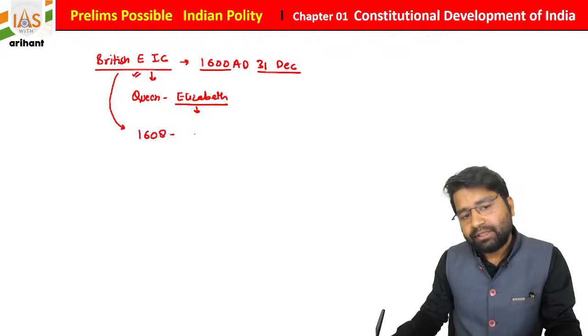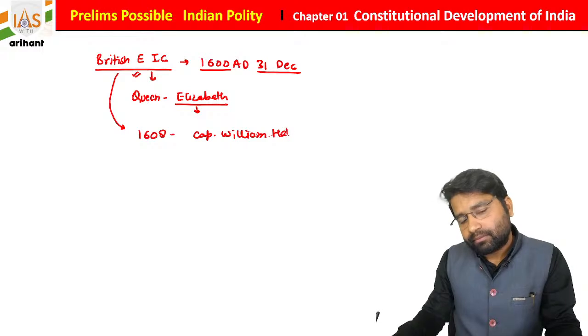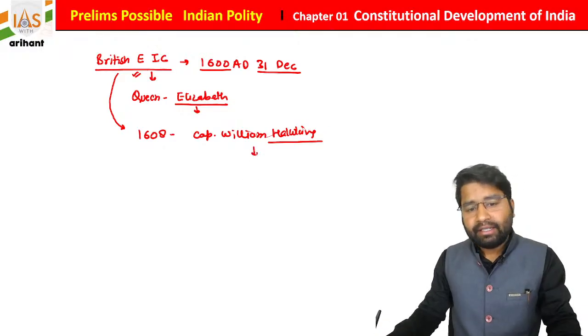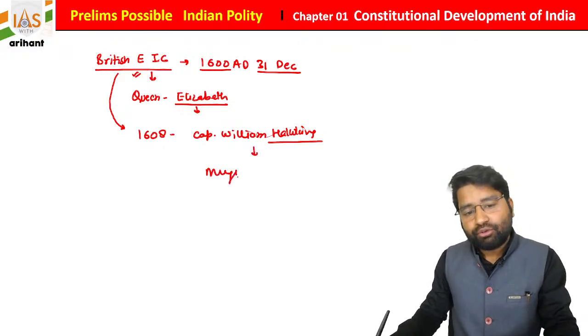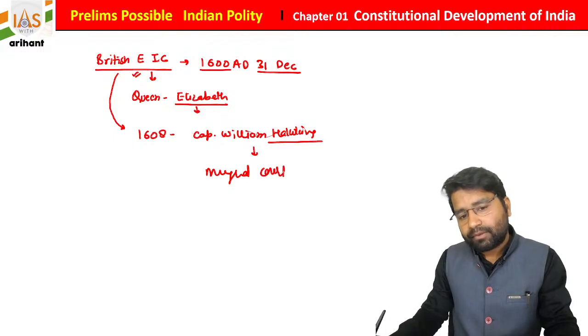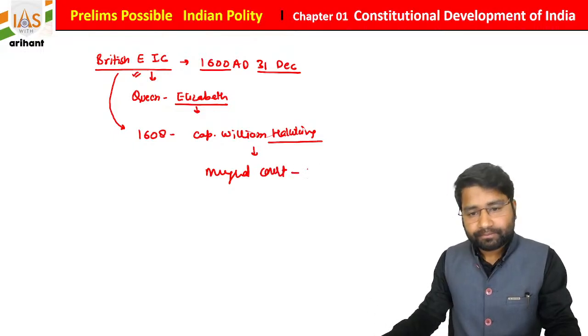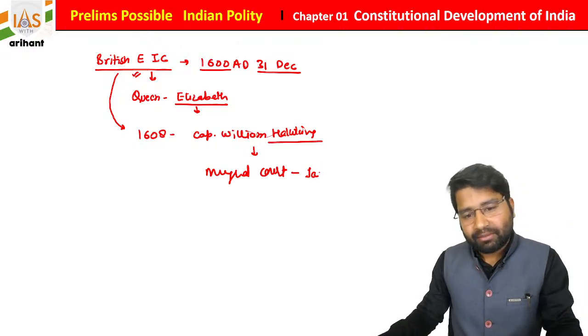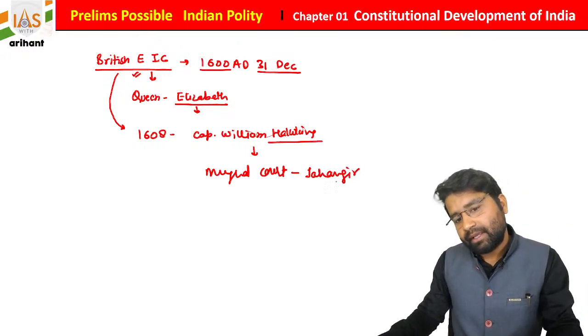and there was a person named Captain William Hawkins. Captain William Hawkins visited India, and at that time he visited the Mughal court, which was headed by the Mughal Badshah named Jahangir.